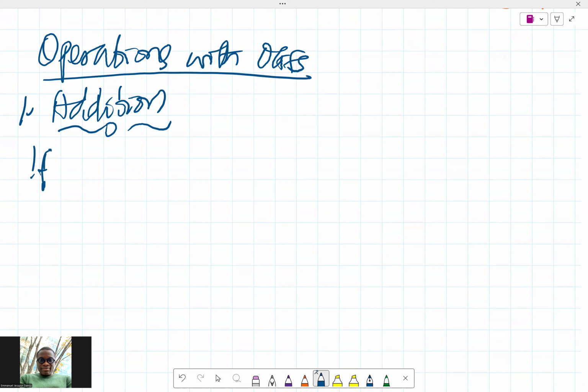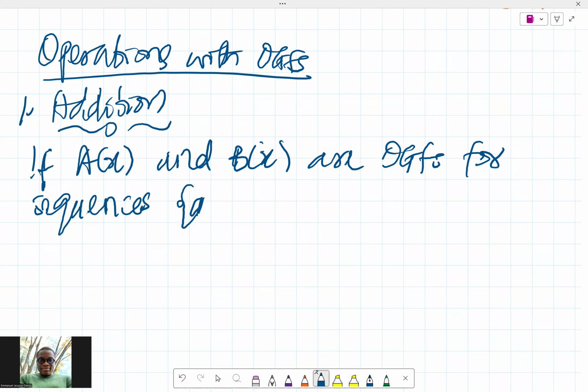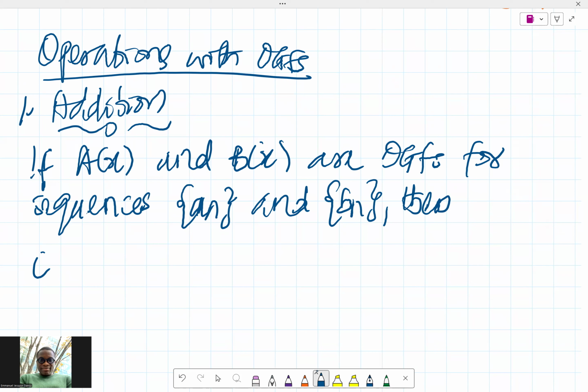So we say here that if a(x) and b(x) are ordinary generating functions for sequences a_n and b_n, then we can say that the sum of the generating functions, c(x), is just a(x) plus b(x).